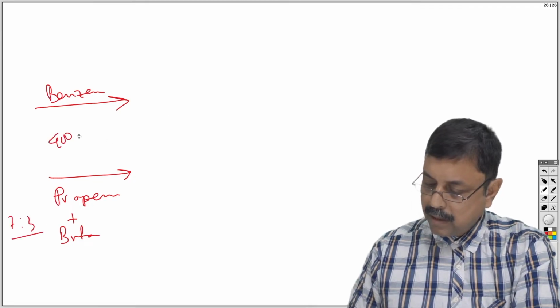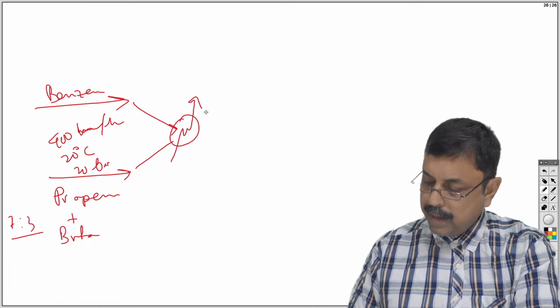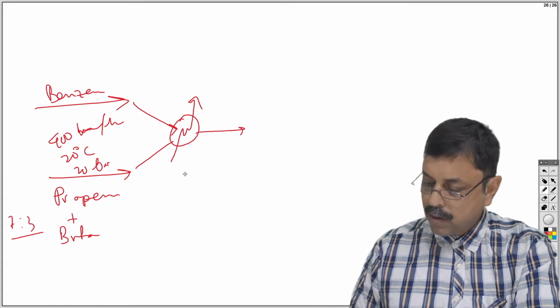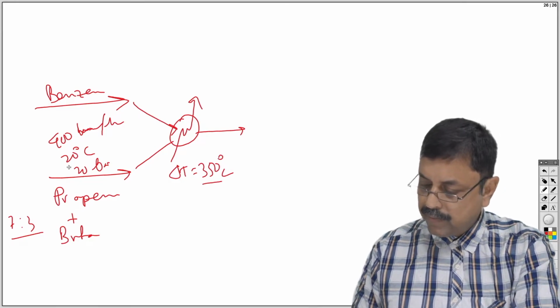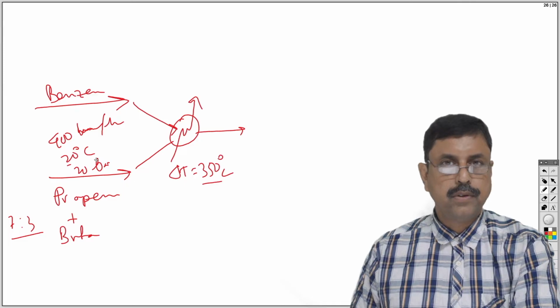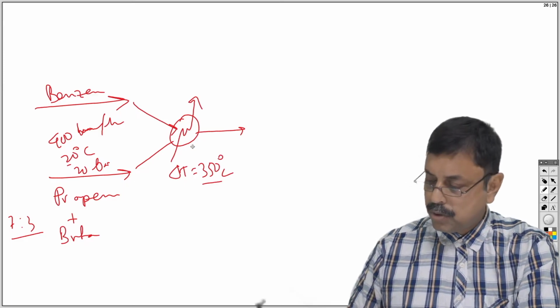Both of them are 400 kilomole per hour, 20 degrees centigrade, 20 bar pressure. They are mixed and heated where there is a temperature rise of 350 degrees centigrade. So actually it becomes 350 plus 20, so 370 degrees centigrade around.